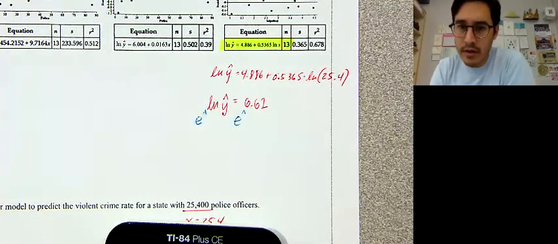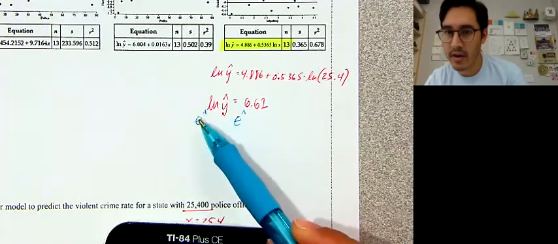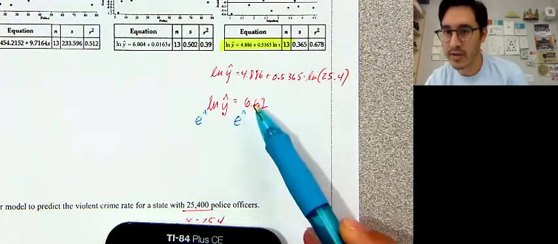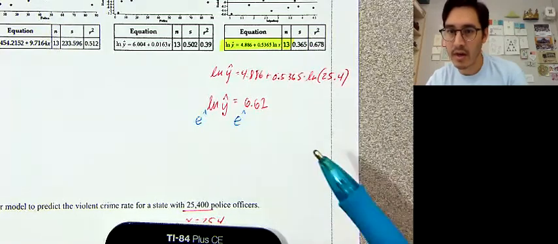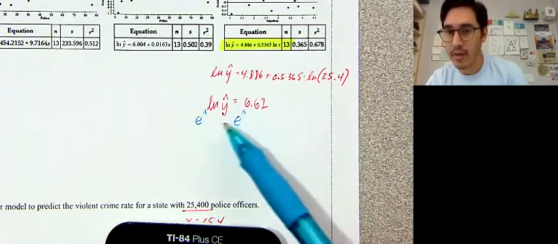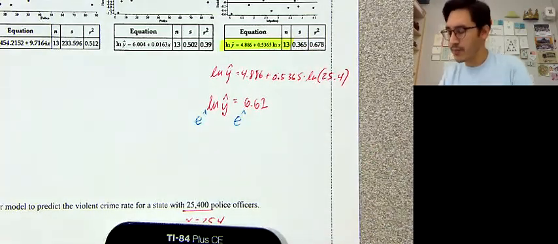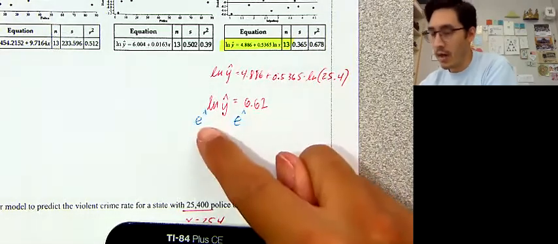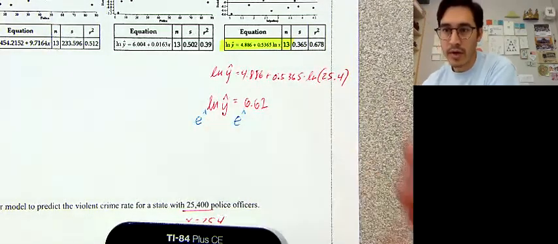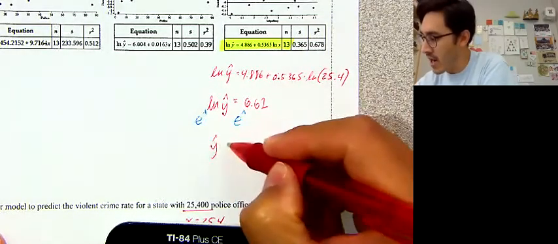So I'm going to use ln y hat as the exponent of base e, and I'm going to use 6.62 as the exponent of base e, right? Since these expressions are equal, placing a base e below them will still make them equal to each other. Okay, so e raised to a natural log, those are inverse operations, so they cancel each other out. So we're going to get y hat.